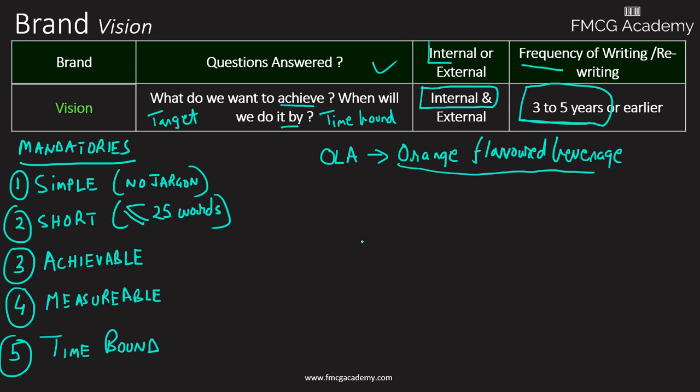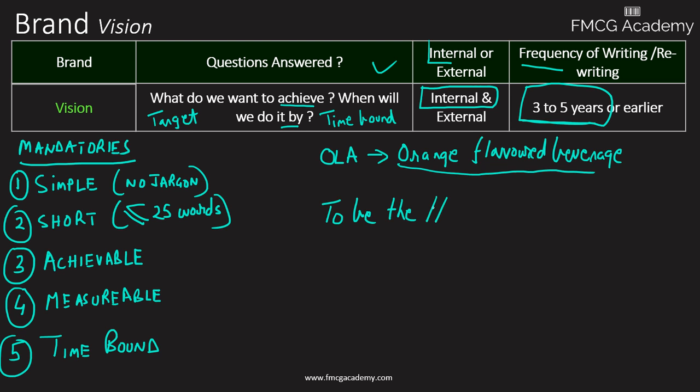So brand vision, the one I've thought which is simple and meets a lot of these mandatories could be, for example, the vision could be to be the number one. When you say you want to be number one, sometimes maybe we write it with hashtag one, if that makes things a lot more easily understood and clearer rather than number one.